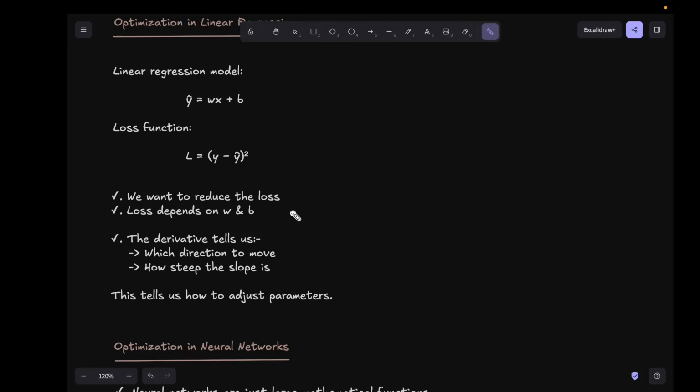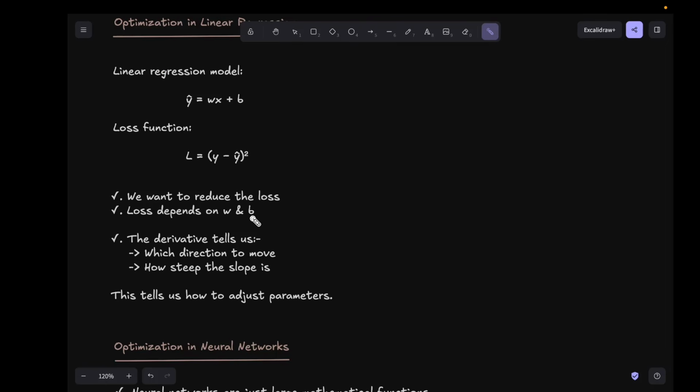So we ask: if we change w a little, does the loss increase or decrease? Or if we change the bias b a little, does the loss increase or decrease? That's how the loss and linear regression work together.